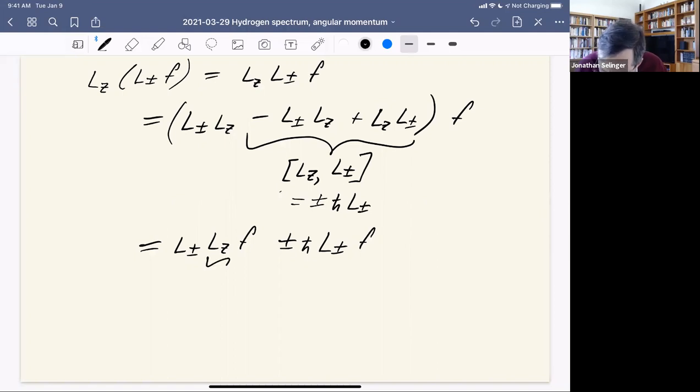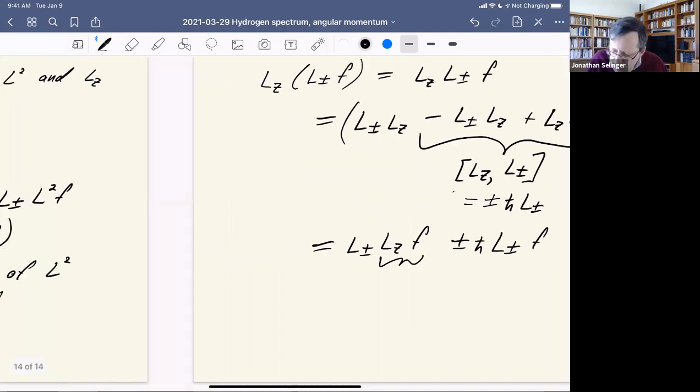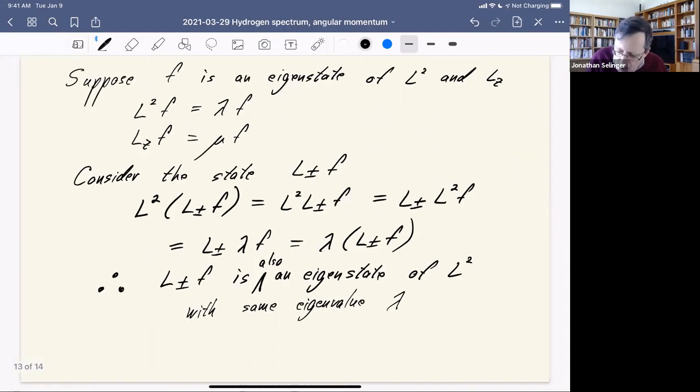And we know what LZ acting on F is because that was one of our assumptions up here.